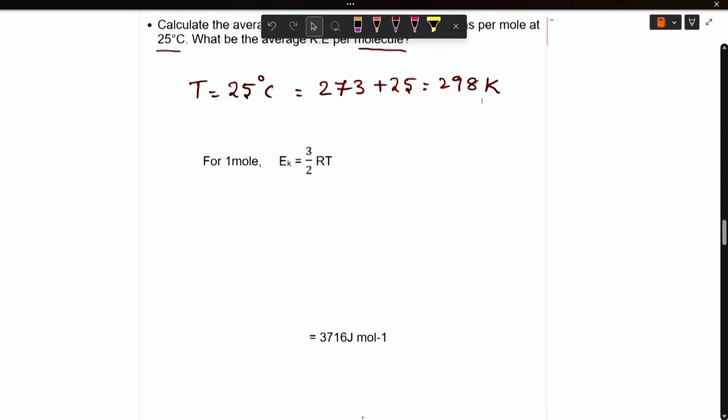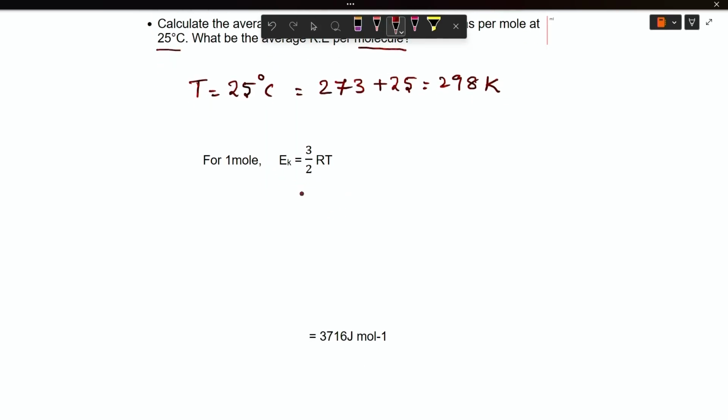So, for 1 mole E k is equal to 3 by 2, and R is already known, it is 8.314 joules. So, 3 by 2 into 8.314 into temperature, that is 298 Kelvin. R is in joules per Kelvin per mole, and this is Kelvin.